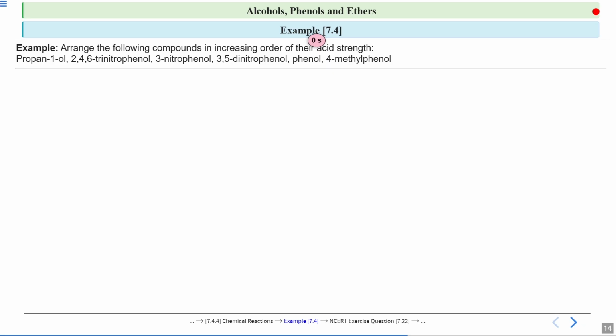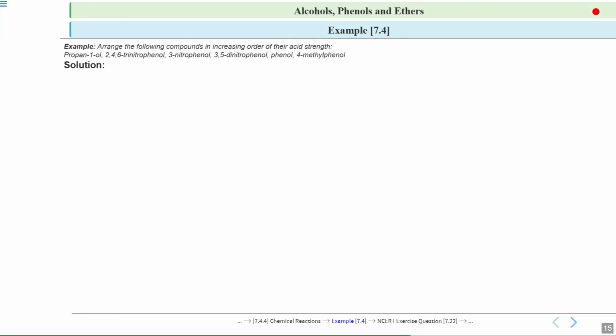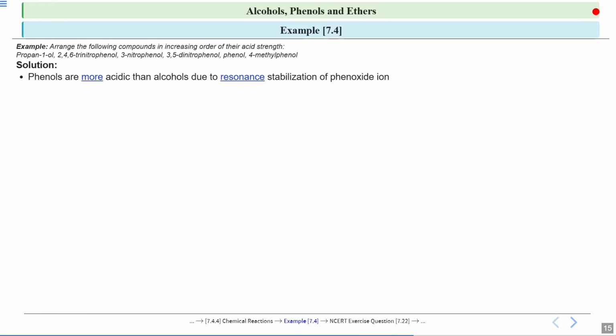Okay, students, let's solve this question. Now we know that phenols are more acidic than alcohols, because of the resonance stabilization of phenoxide ions. Phenoxide ions are more stable than alkoxide ions, so your phenols are more acidic than alcohols.